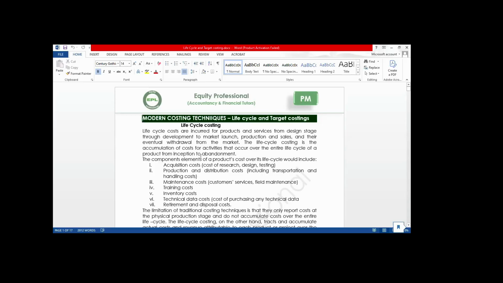The modern costing system. These are costing systems developed to address the peculiarity of the modern manufacturing environment.